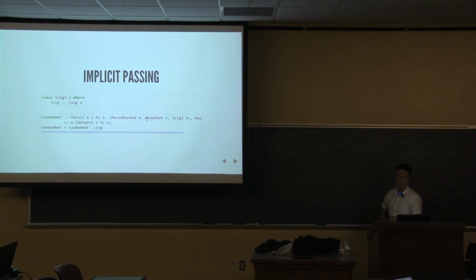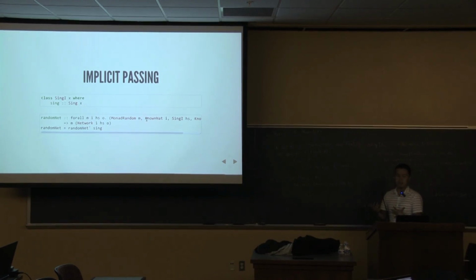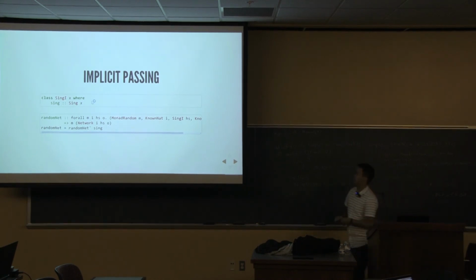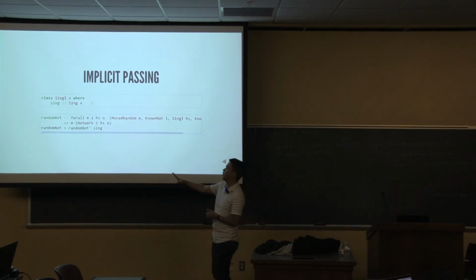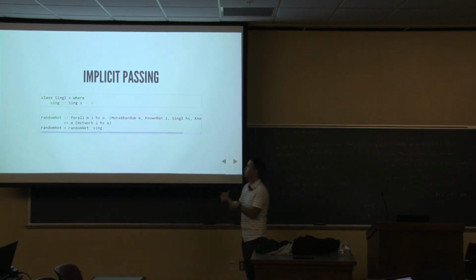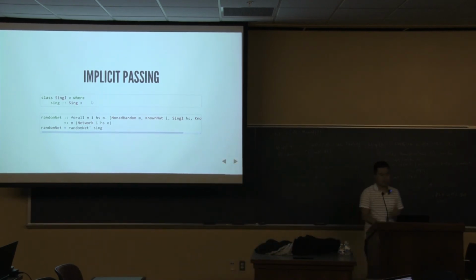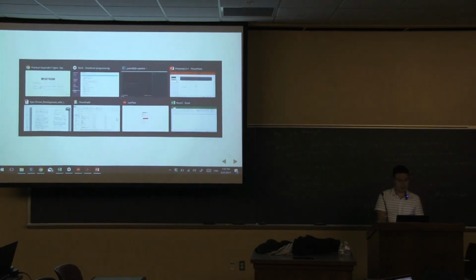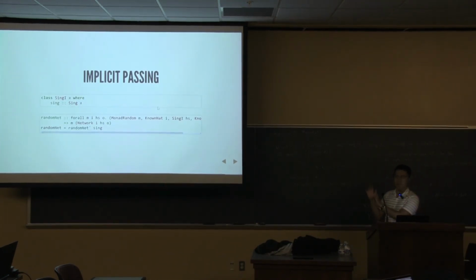Now the problem is that it's really annoying to pass in a singleton, but if we know the type at runtime, we can make it an implicit parameter. So there's a class SingI in the singletons library that lets you generate a singleton for a given type automatically. So if I type sing 1 2 3, it'll give me sing 1 2 3.